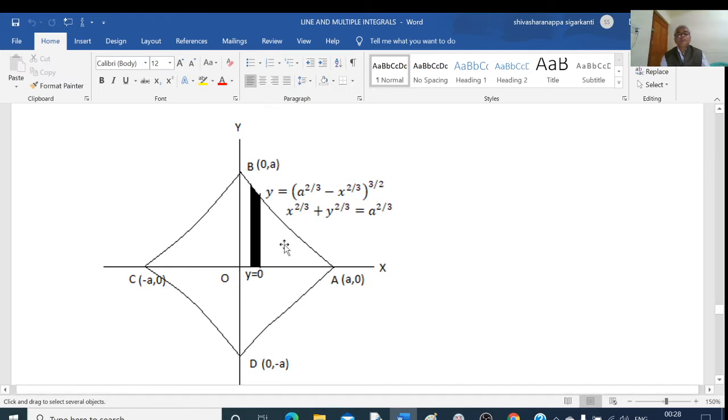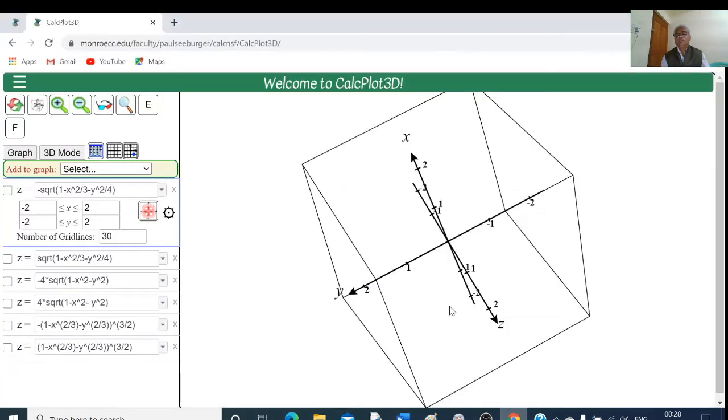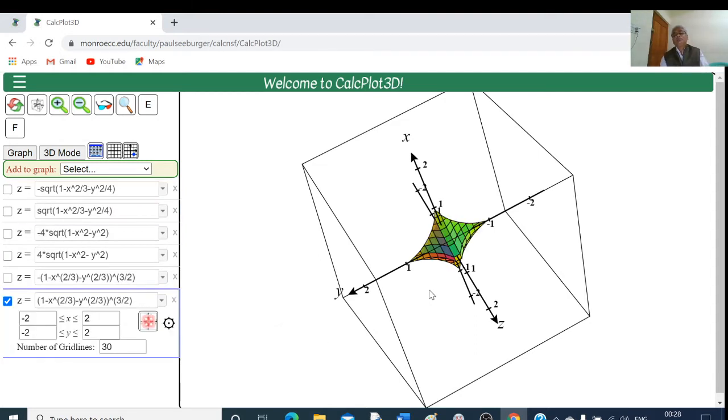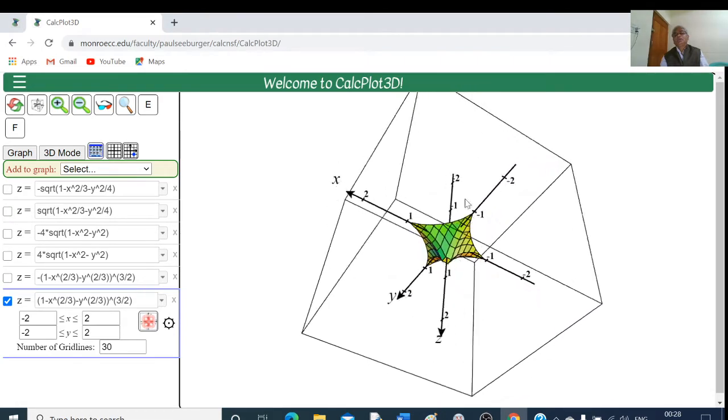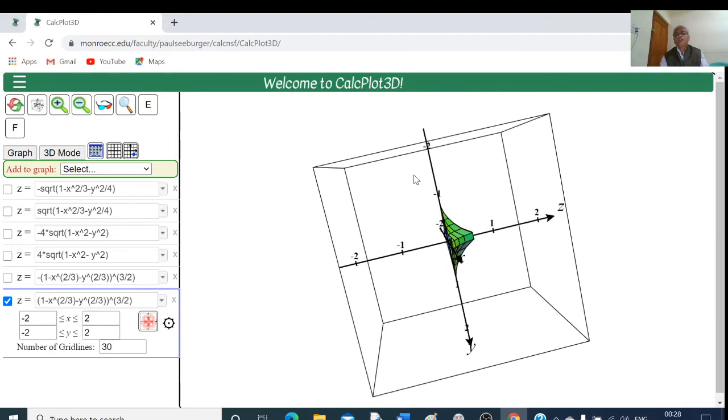So if this curve AB rotates around the x-axis, then the figure formed by revolving this is like this. This is half of the figure.